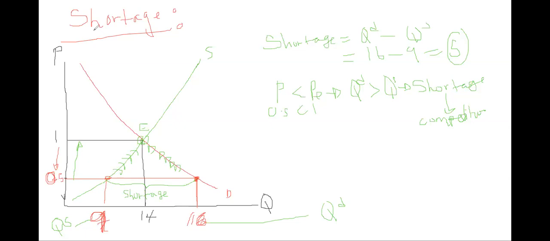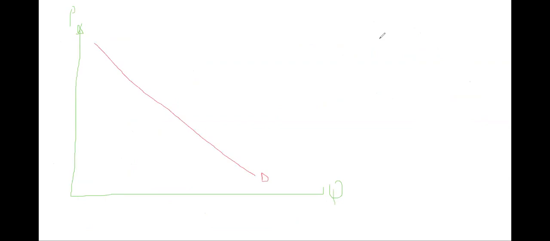So let's look at this. We have the price, and then we have quantity. Then we have, let's say, demand, and then we have supply.